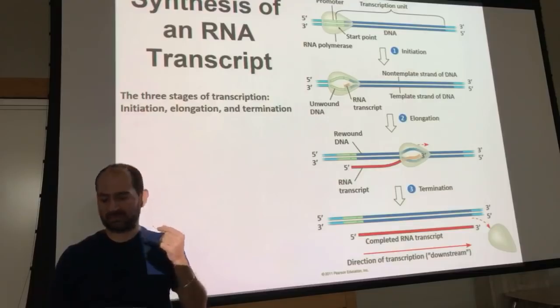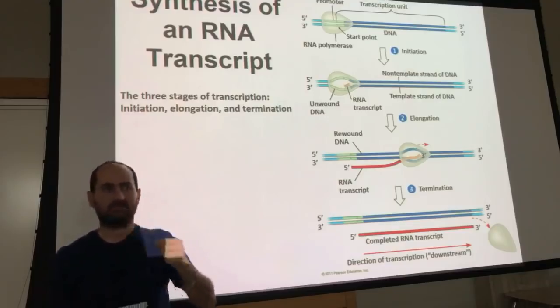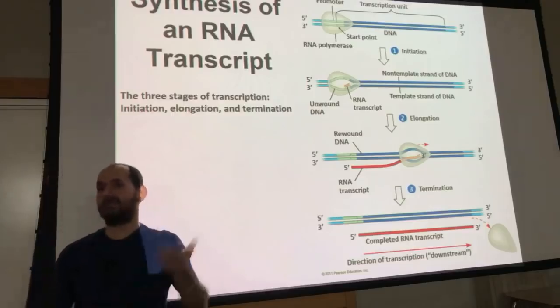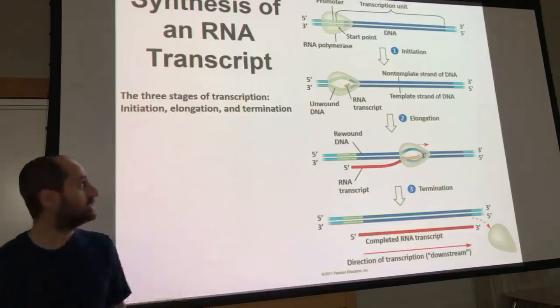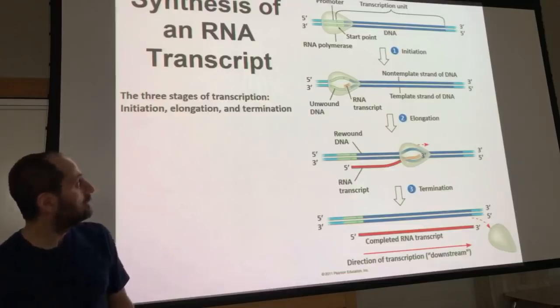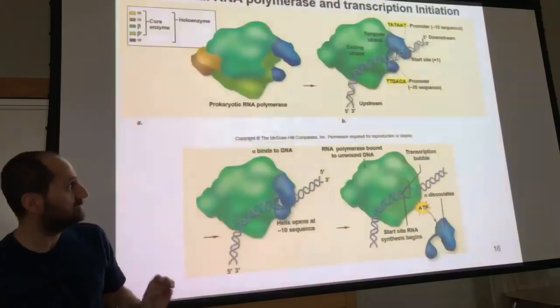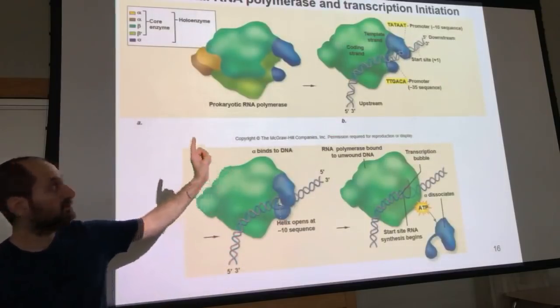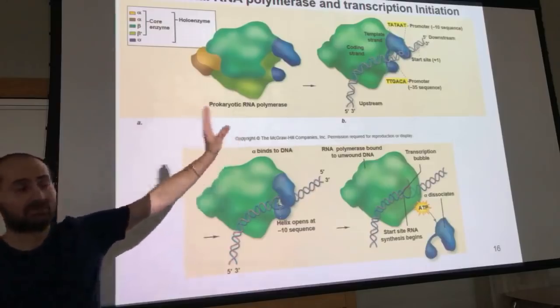And mRNA is synthesized in what direction? 5 to 3. Just like DNA is synthesized 5 to 3, RNA is synthesized 5 to 3. And by the way, another important thing to understand for the test: in prokaryotes, the RNA polymerase attaches directly to the promoter.